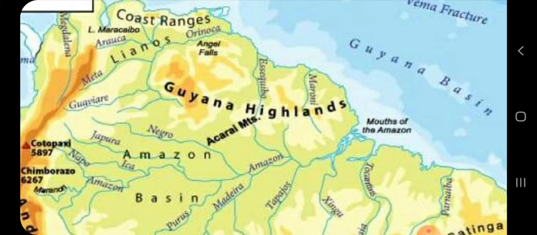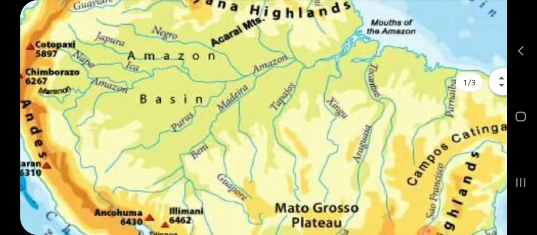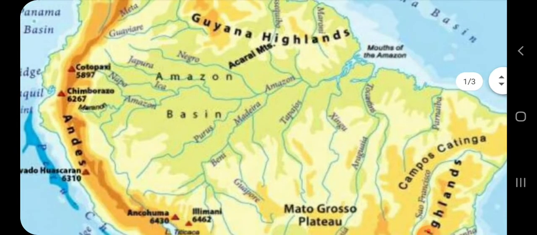The Orinoco Plains are known as the Llanos, which means plains. South of the Llanos, the Amazon lowlands are called the selvas. It is a region of dense equatorial forest.